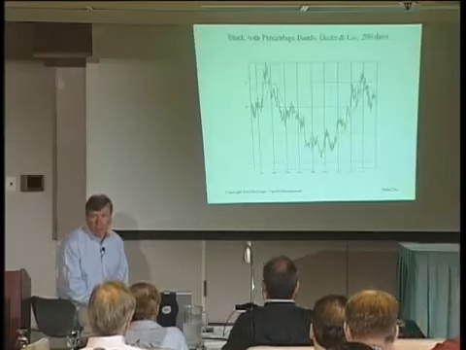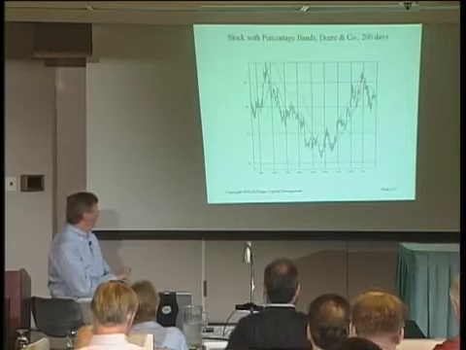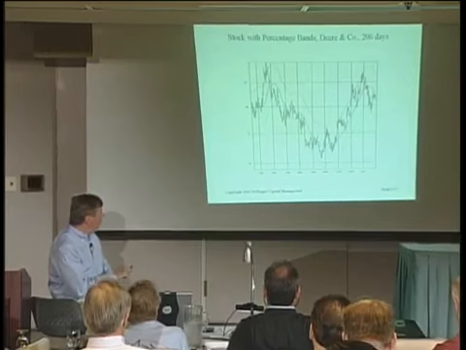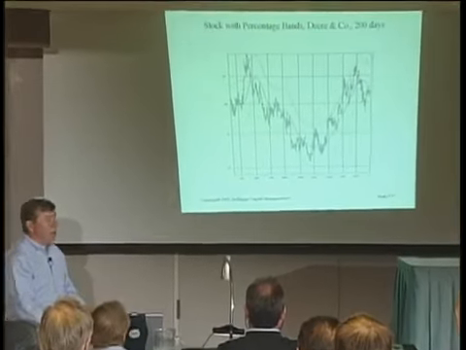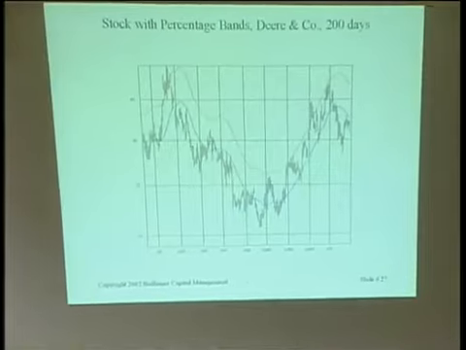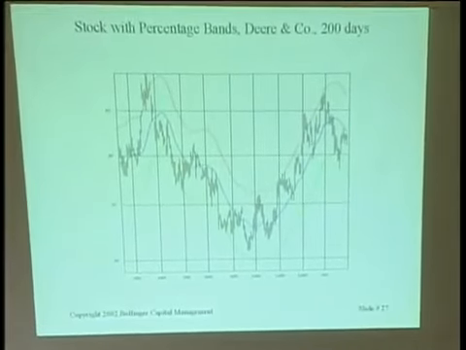One of the first developments that came from this was this idea: draw a moving average, then project that moving average above and below itself by some percentage. In this case, I think we're using 5% bands here. No, 10% bands.